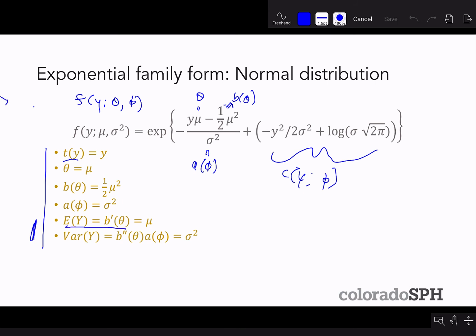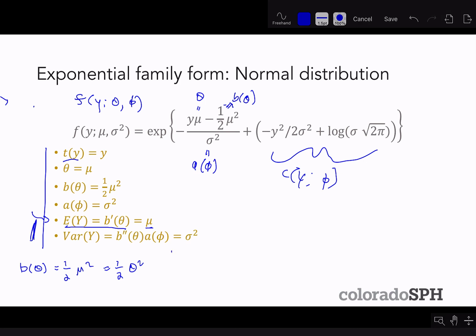So just showing you how you get this mu as the expectation using this property of exponential families, that the expectation of y equals b prime of theta. Well, we have b of theta equals 1/2 mu squared, which is equal to 1/2 theta squared.